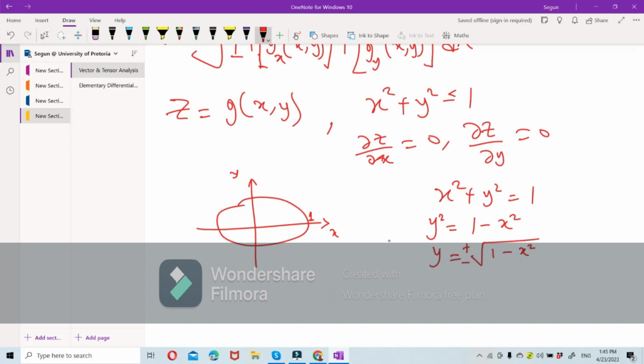So in this case, we all know that this is positive y, this is negative y. So I can write this to be y equals the square root of 1 minus x squared, and here will be y equals minus the square root of 1 minus x squared.